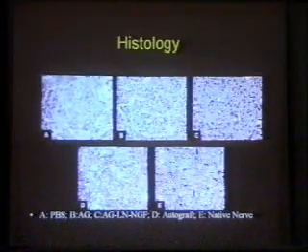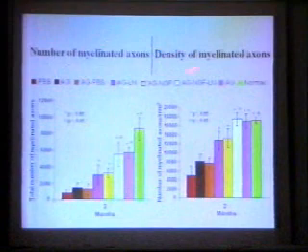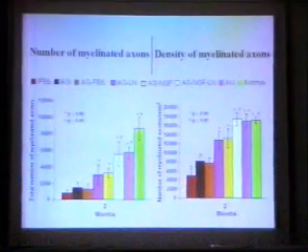So we looked at two things that I'll talk to you about today. One is the total number of myelinated axons. On average, we did, I think, 12 animals of each or something like this. And this is published, I can give you references. And then the density of myelinated axons.